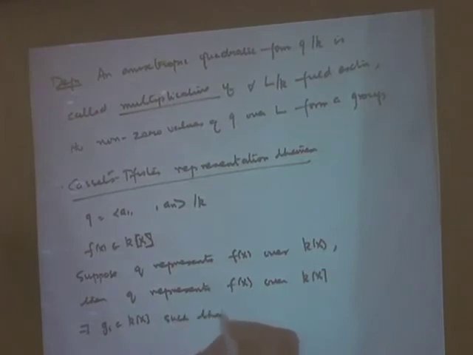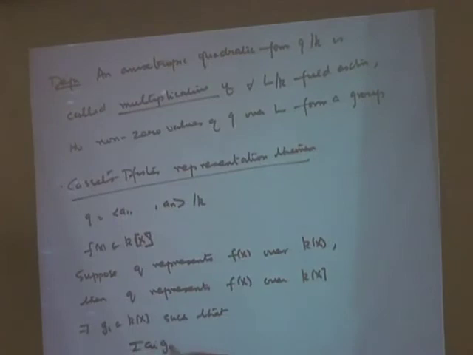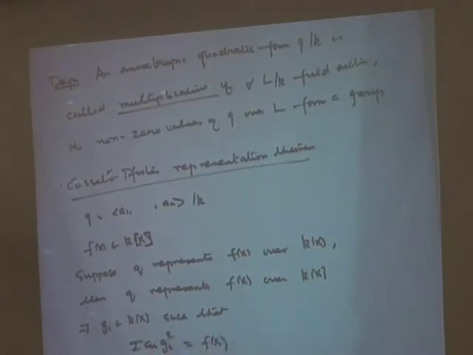That means there exist g_i polynomials such that the summation a_i g_i squared is equal to f(x). If it is representable over the rational function field, in fact it is representable over the polynomial ring. This enables one to have specialization arguments, because if you are given polynomials, it is easier to specialize on values. So this is fundamental for specializations.